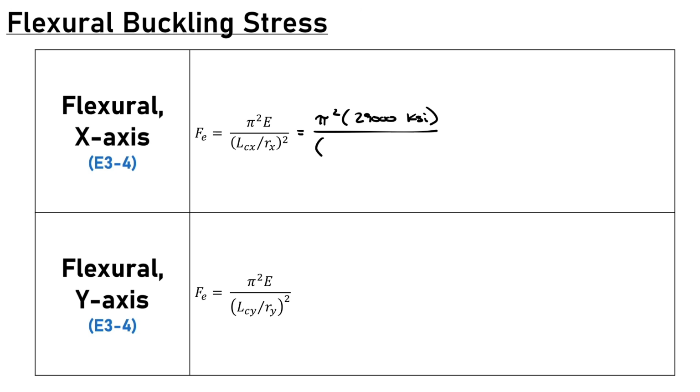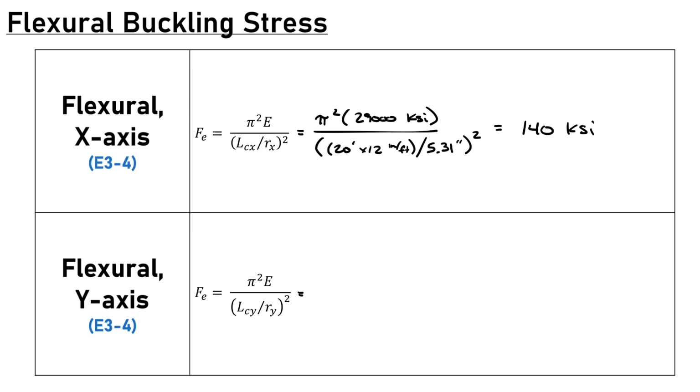Because I have no braces effectively in that strong axis, we're going to say that we have a 20-foot unbraced length multiplied by 12 inches per foot to make sure that the units are consistent, and then divide by rx. That is our strong axis radius of gyration, which if we look that up, that's 5.31 inches for this particular column. All that denominator is squared, and we'll find that this is 140 ksi.